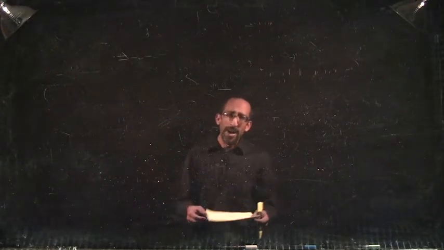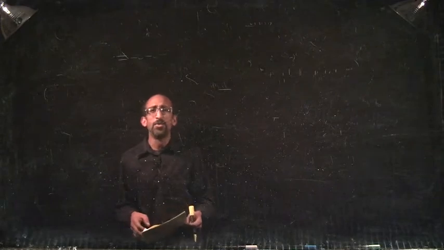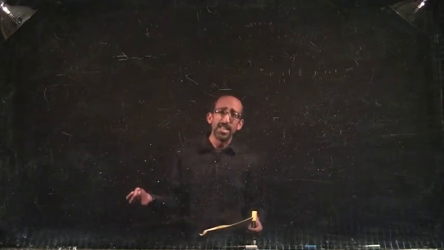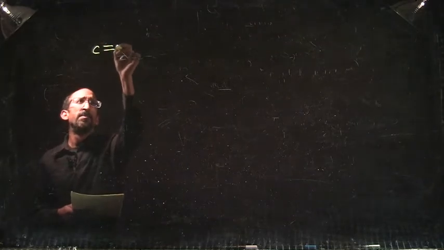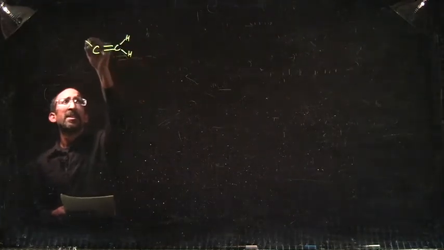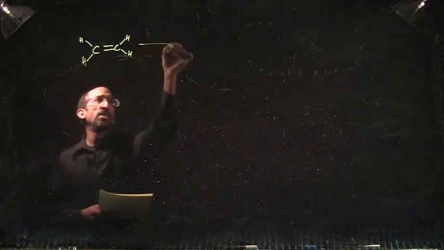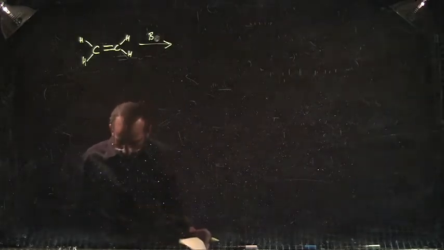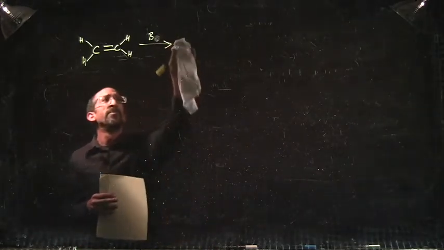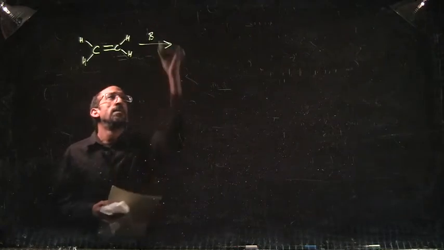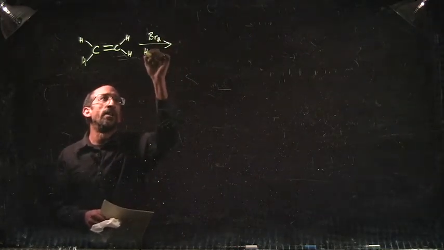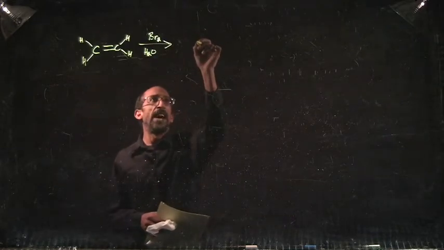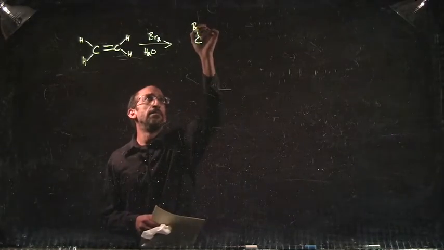So, a while back, earlier we saw how to convert an alkene to an epoxide via a two-step process. We saw how we could first take an alkene and treat that with Br2 and water, and that would give us our halohydrin.